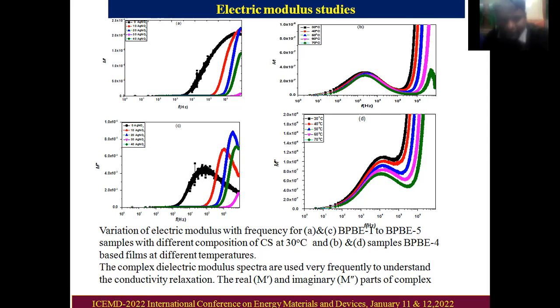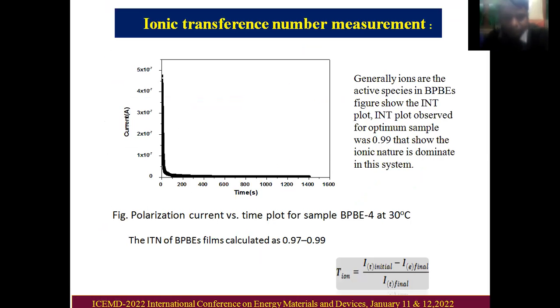The complex dielectric modulus is used over a range of frequency to understand the conductivity relaxation. The real part M dash and imaginary part M double dash of the complex modulus.